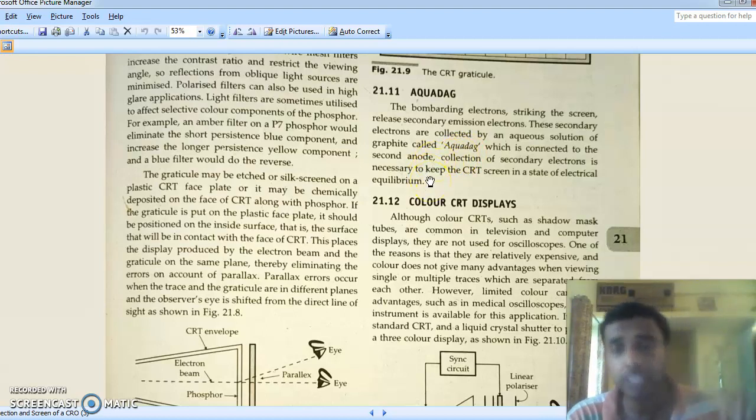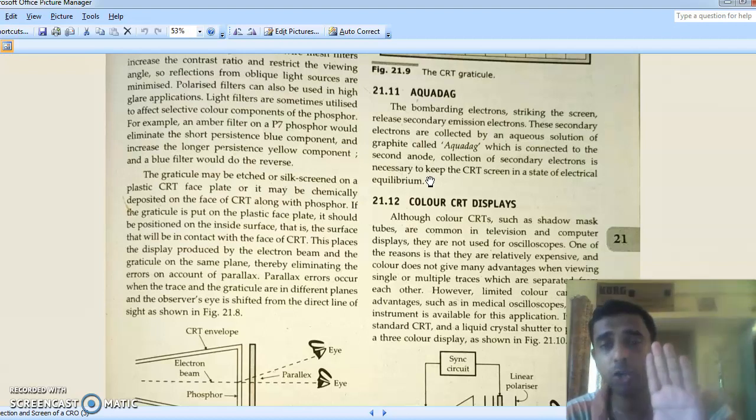So we have the aluminum screen, placed beside the phosphor screen. The aluminum screen is electrically connected to the aquadac, and the aquadac is electrically connected to the high positive potential. When we have secondary electrons on the phosphor screen, they will be absorbed by the positively connected aluminum screen, which will transfer them to the aquadac.